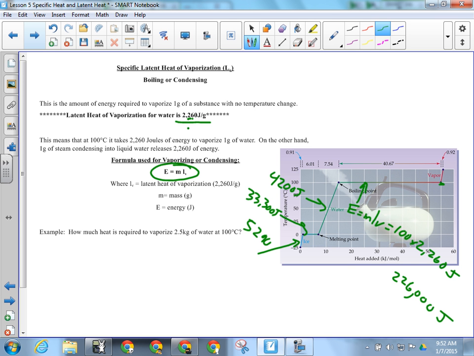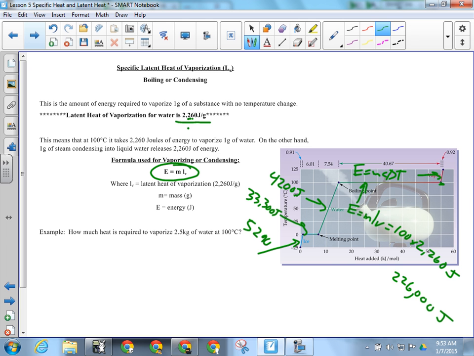But if you heat steam, will its temperature go up? Yeah, just like anything else. Well, steam has a different heat capacity than liquid water does and than ice does. Water's weird that way. Every state of it has a different heat capacity. So I could calculate how much energy would be required, let's say, to heat it to 125 degrees, by using E equals mc delta T.